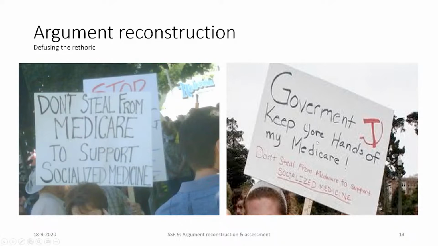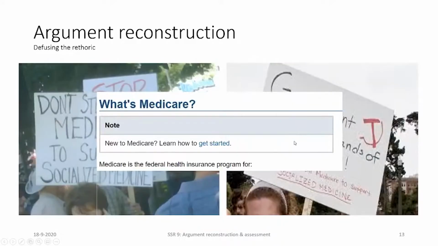Another thing that's weird is to say that the government should keep its hands off Medicare, because, well, again, Medicare is a federal health insurance program. So it kind of makes sense that the federal government has its hands on that program, right? What we're doing here is taking unclear phrases and trying to take out the rhetorical force of those phrases.